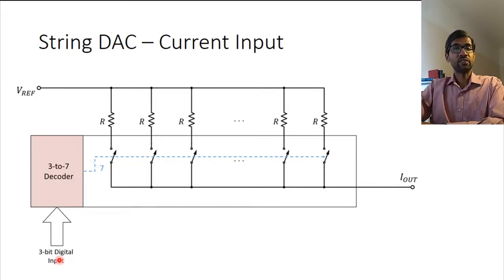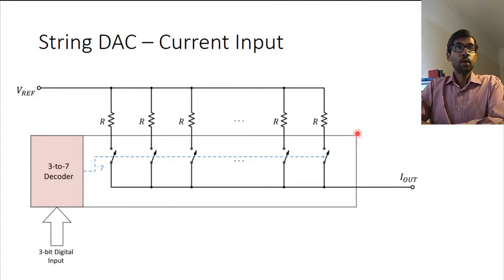If the digital code is 2, then bits 2, 1, and 0 all are 1. If the digital input is 3, then the thermometer code would mean that bit 3, bit 2, bit 1, and bit 0 all are 1. You can go back and look up what a thermometer code means. So depending on the digital input, there are different numbers of switches which are on, and that would give us different amounts of current proportional to the digital input.